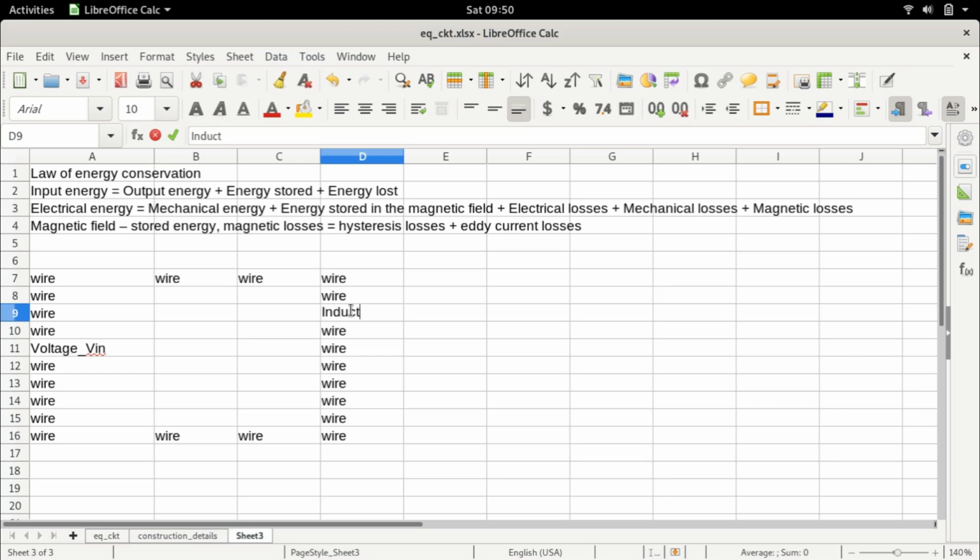I will just say inductor L. I'll say LS because this is the self-inductance of the stator. I will delete this. I will say resistor RS, right? For now, do not worry about how these are linked to here. We are representing the induction motor as a simple inductor with a parasitic resistance. That's all that is, right?